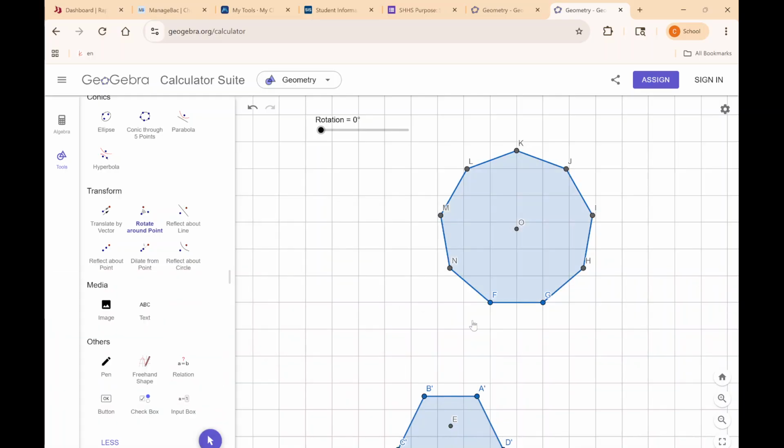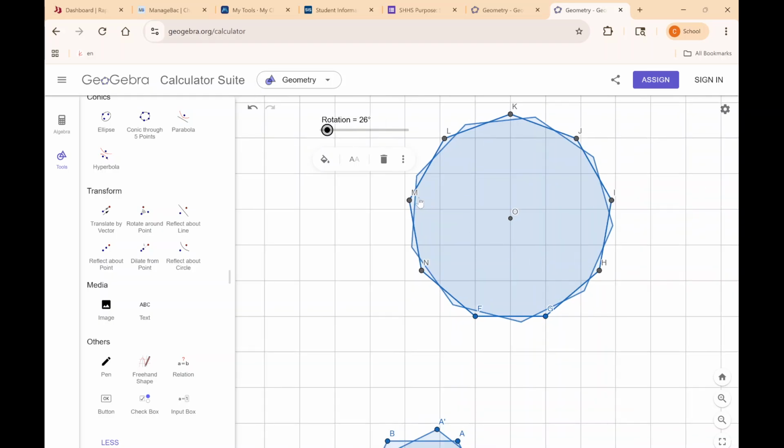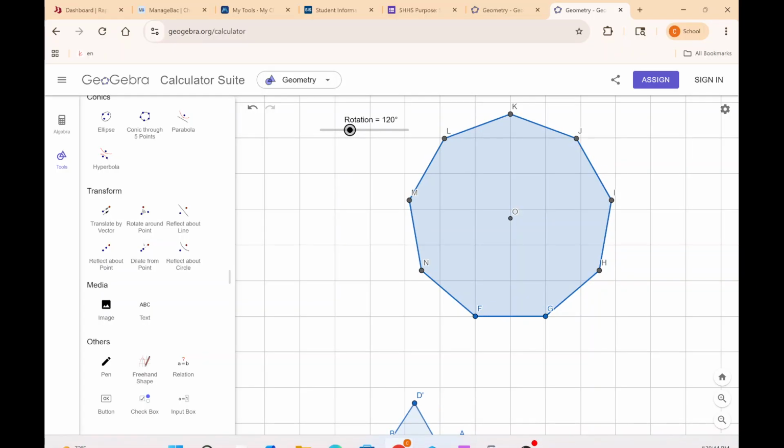Let's see if this will work. Okay, so rotating, kind of hard to see here, but let's see, at 40 degrees. There we go, exactly. And every other 40 degrees it will line up as well. So that is how we would do it.